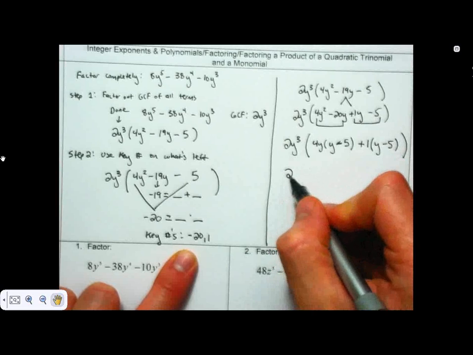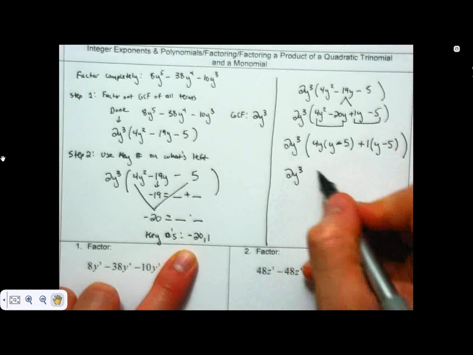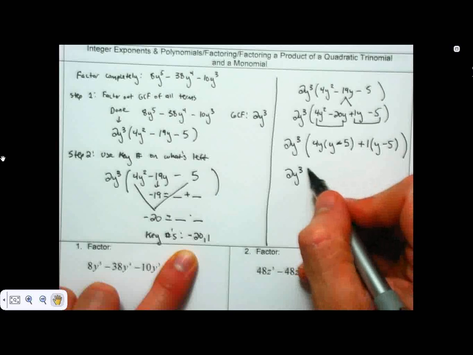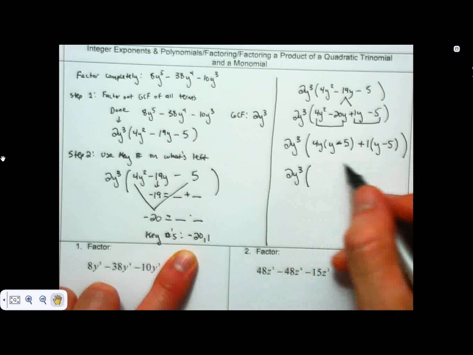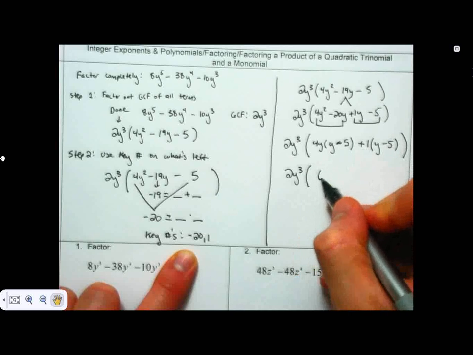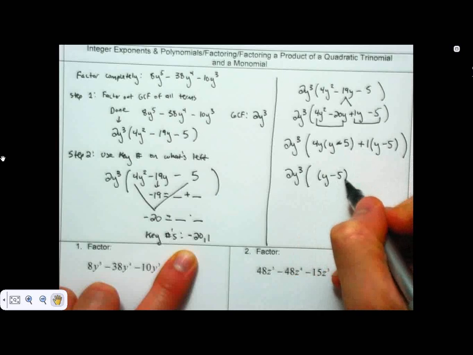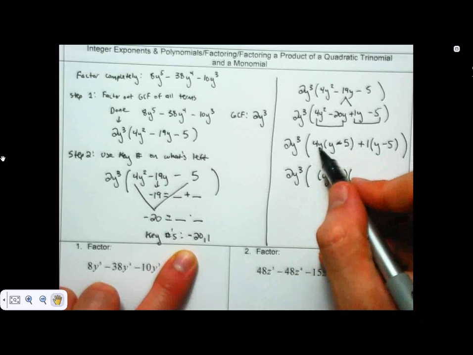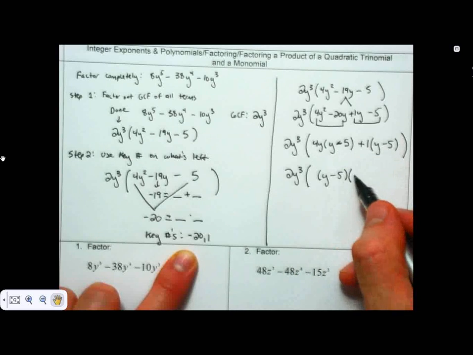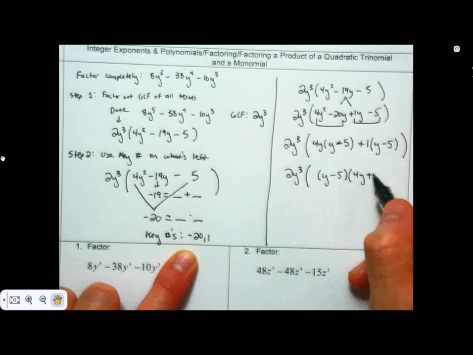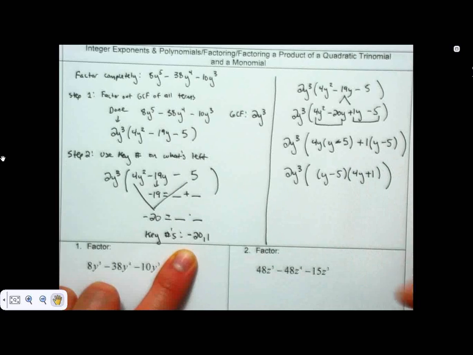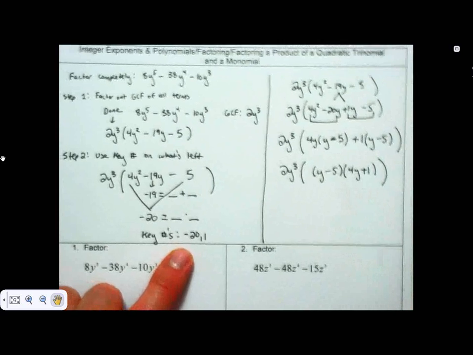So the final step then is the 2y to the third stays on the outside, and then on the inside, I've got y minus 5, that's the group they have in common, times the leftovers, which is 4y plus 1. And now, let's look at a way I can simplify this.